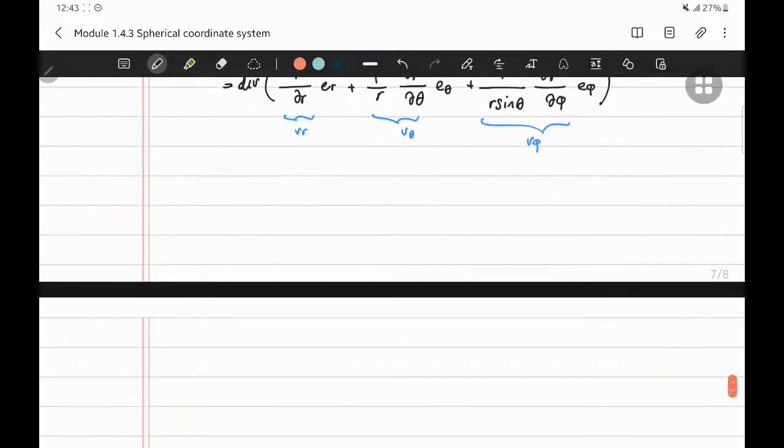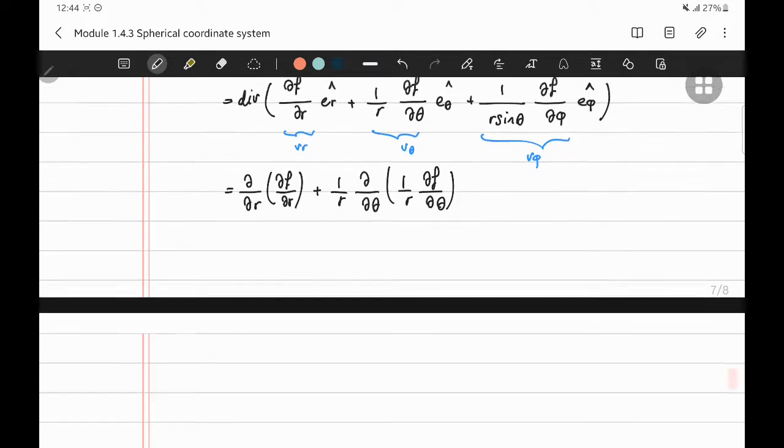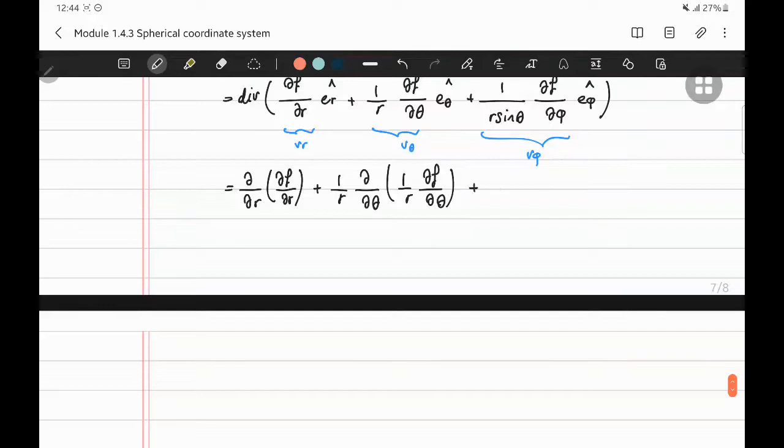So now we have the partial derivative of f with respect to r, the whole with respect to r, plus 1 divided by r partial derivative of 1 divided by r partial derivative of f with respect to θ, the whole with respect to θ, this is V_θ, plus 1 divided by r sine θ partial derivative of V_φ.